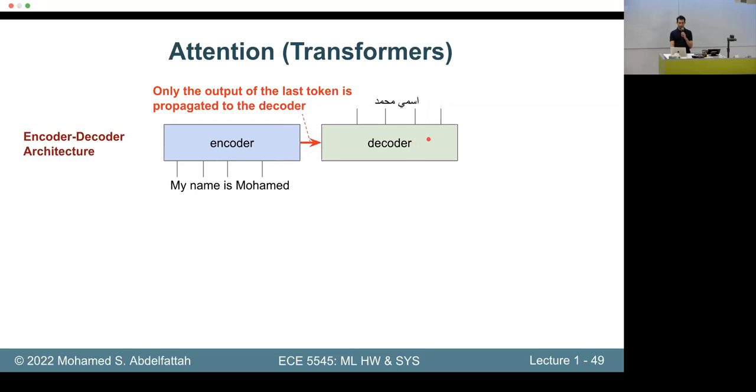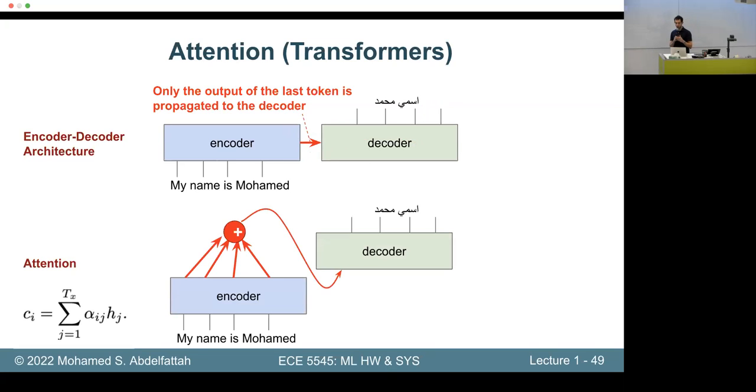What people found is that this didn't work very well, and they instead created a different architecture that took the output of all of the input tokens, did some kind of weighted sum between those outputs, and then sent them to each of the inputs of the decoder. So when I'm finding the translation of each of the input tokens, at each one of those outputs, I'm using information from all of the inputs.